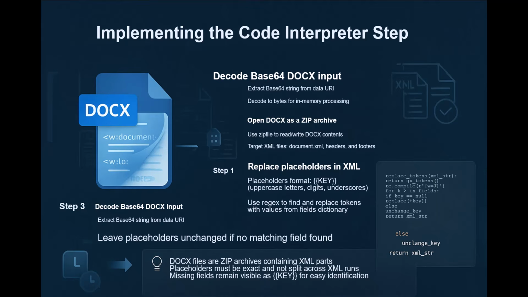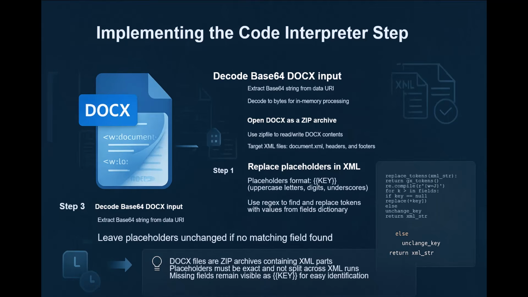While we're waiting for that new document to be filled out for us, let's talk about what's happening behind the scenes. So Python is reading the base64 of the document, so the raw information of that Word document. It's replacing all of the placeholder tokens with the values from the fields from the information that we've given it, and then writes that DOCX file as it returns it.